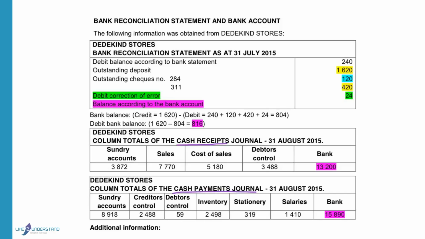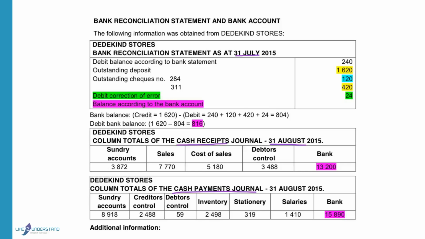bank account. If we look at the dates, we see that the bank reconciliation given to us was on the 31st of July. The journals are at the end of August. So we are busy reconciling our books with the books of the bank at the end of August.